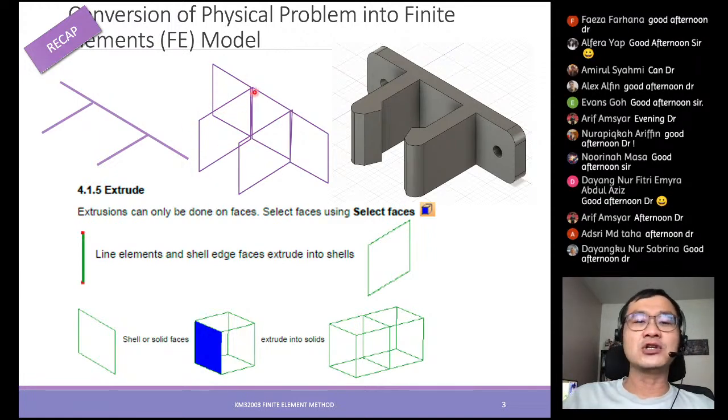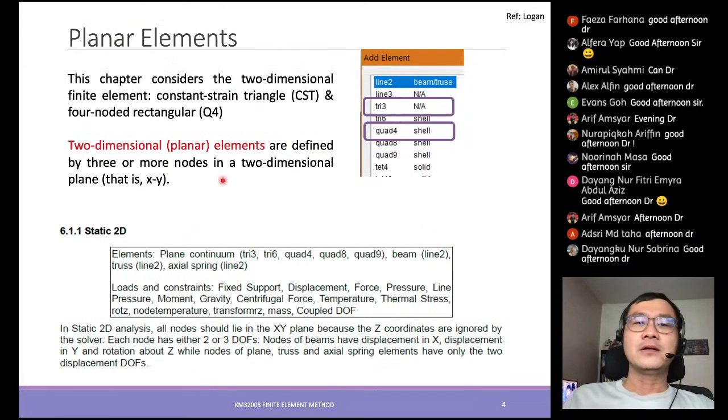For example, here we use rectangular types of elements to represent the model. So today our focus would be on this two-dimensional problem. Because of that we have to define the plane problem, which is divided generally into two: the plane stress analysis problem and the plane strain analysis problem.